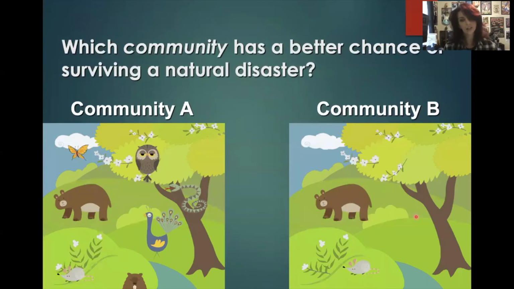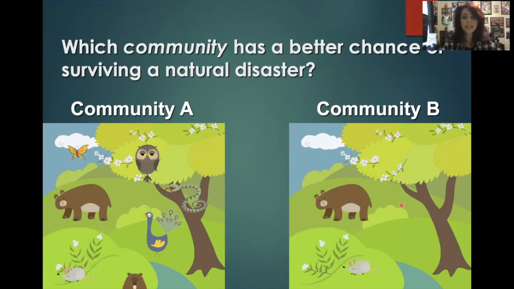So we can ask ourselves, which community, community A or community B, has a better chance of surviving a natural disaster? This goes back to an idea called species richness. How many different forms of life do you have in a community?